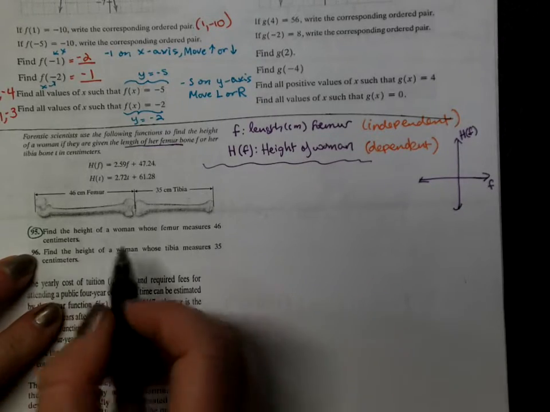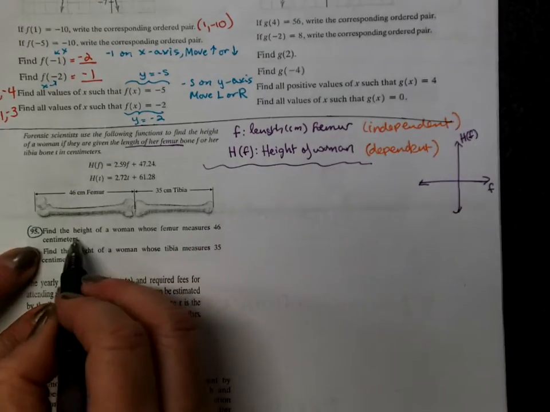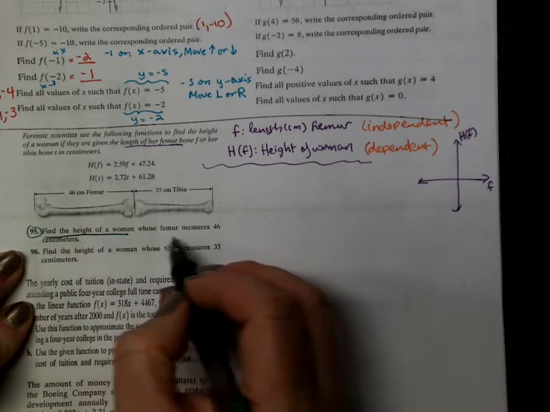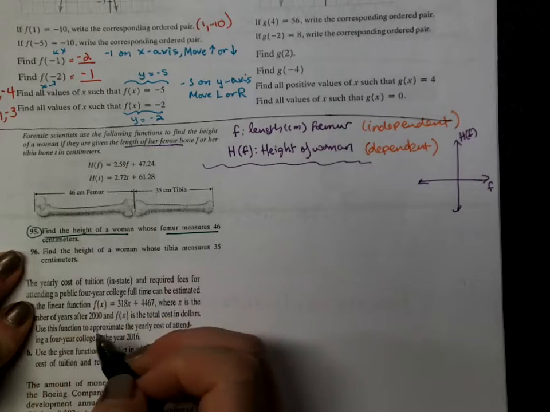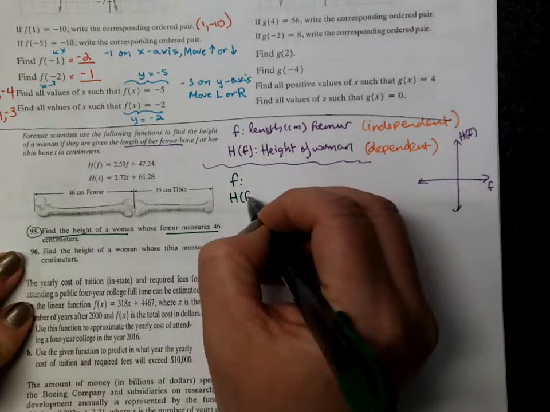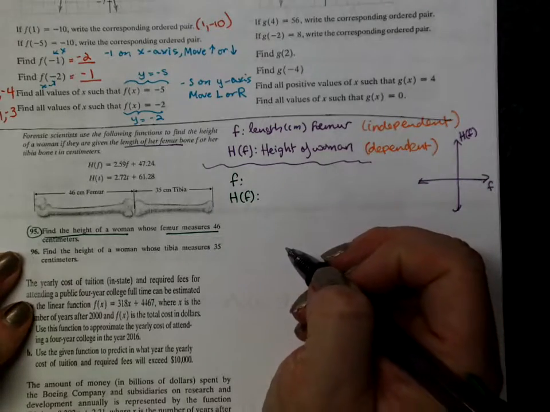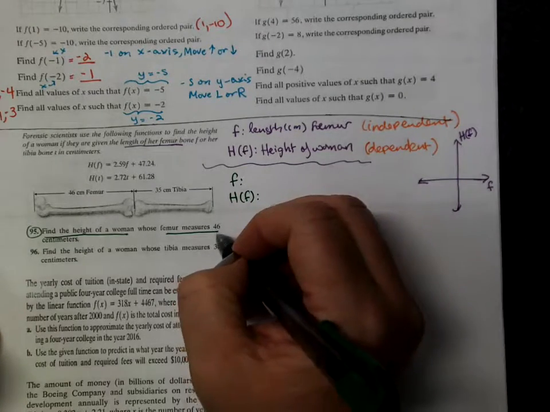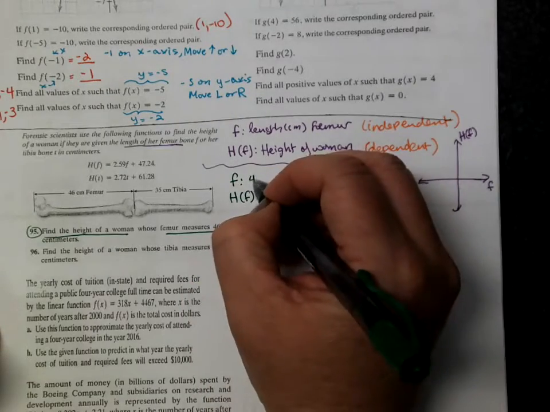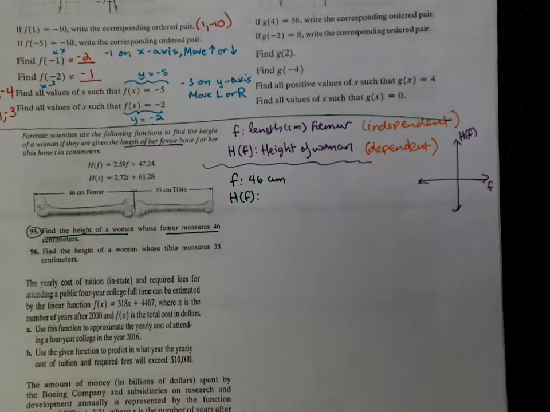The other one's about the tibia, but let's do the femur one. So we're asked to find the height of a woman whose femur measures 46 centimeters. So out of femur and height, what are we given? 46. Right, which stands for F or H of F? F. So our femur is 46 centimeters.